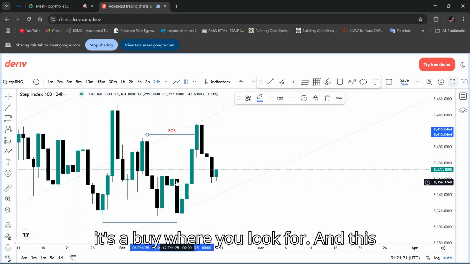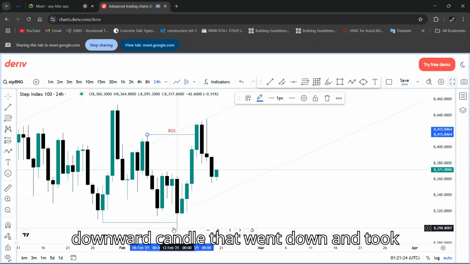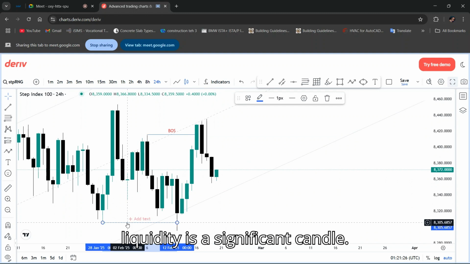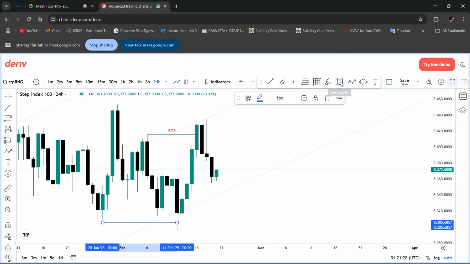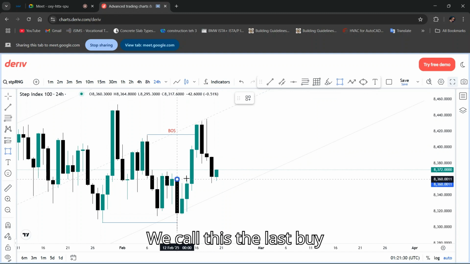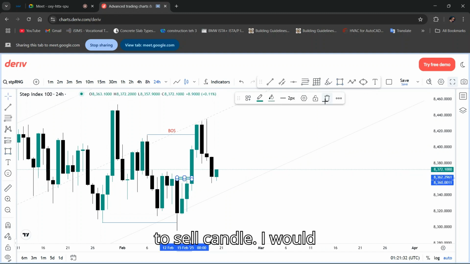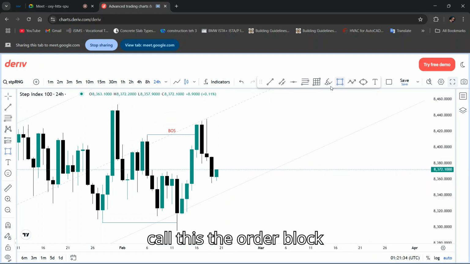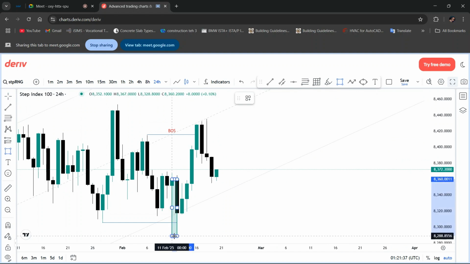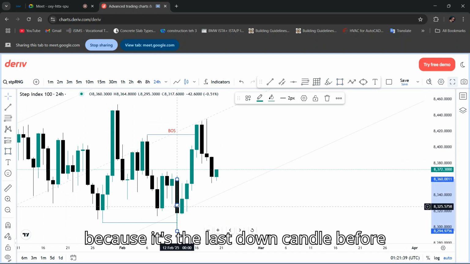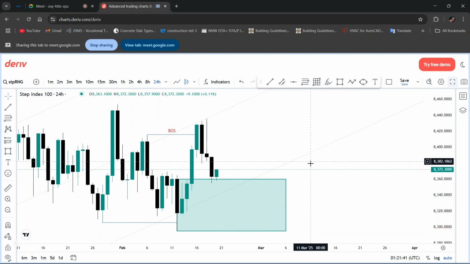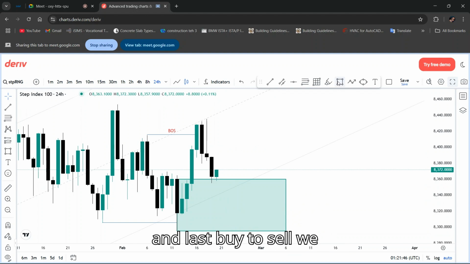And this downward candle that went down and took liquidity is a significant candle. We call this the last buy to sell candle, or we call this the order block, because it's the last down candle before the up candle.